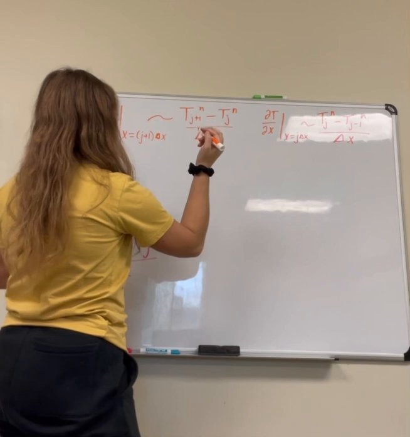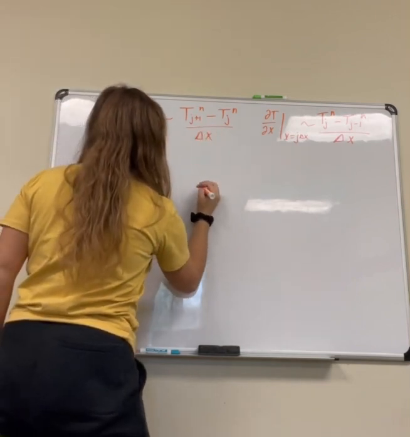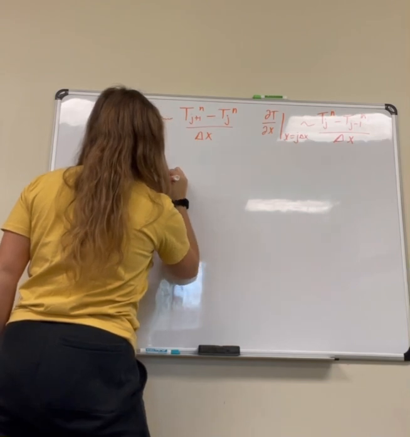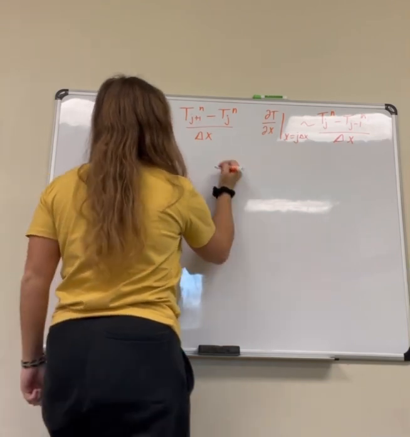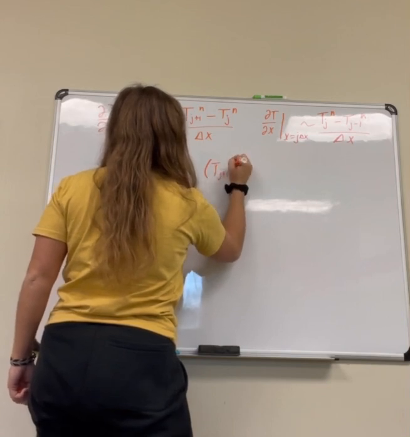So now by subtracting the two, we can keep the alpha that I had and subtract the t j plus 1.